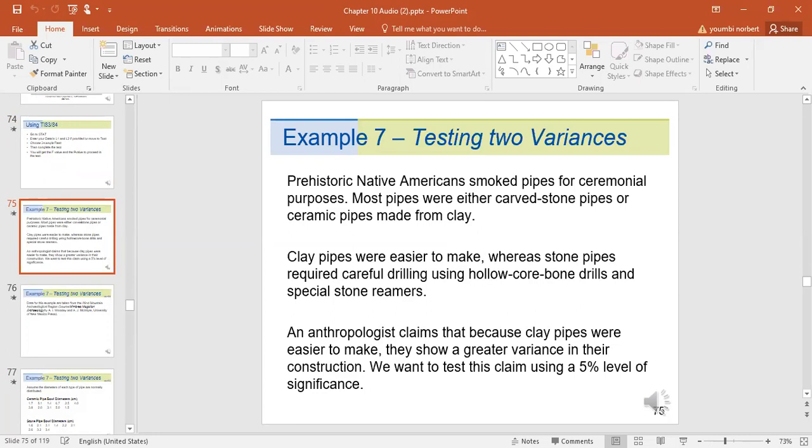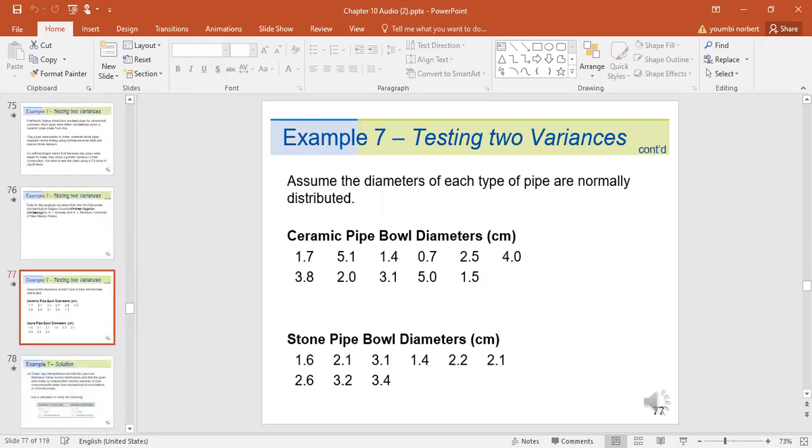Okay. So these are two variables. You will enter first one on L1, second one on L2. If you are using Excel, you enter first one on column A, second one on column B.